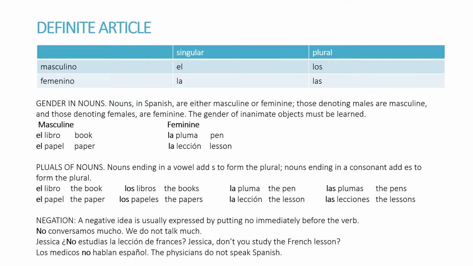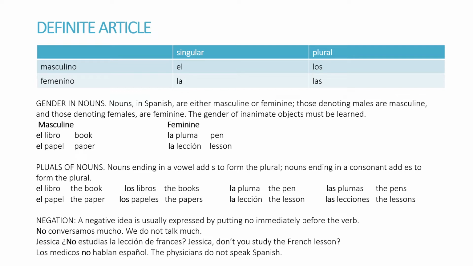Plurals of nouns. Nouns ending in a vowel add the letter S to form the plural. Nouns ending in a consonant add the ending es to form the plural. We give some examples. El libro, that's the singular.